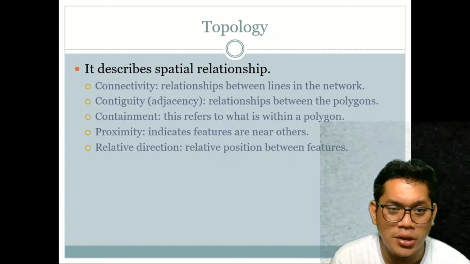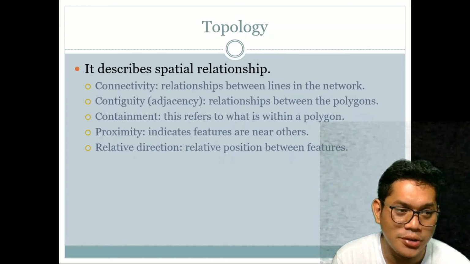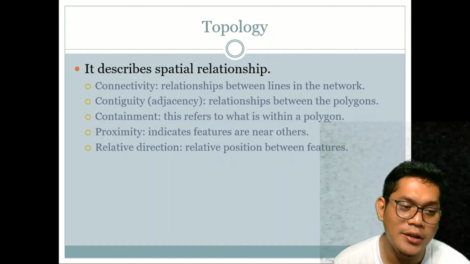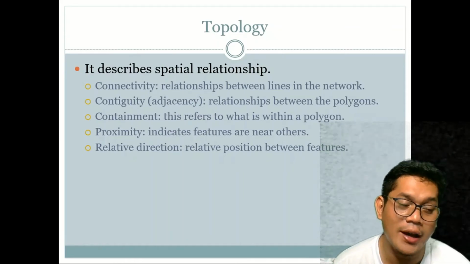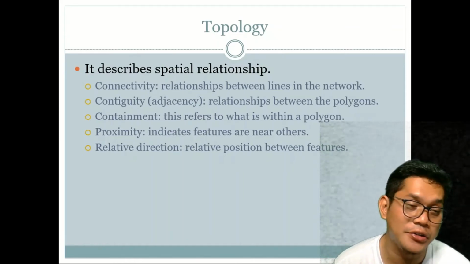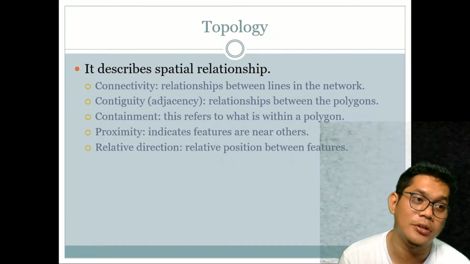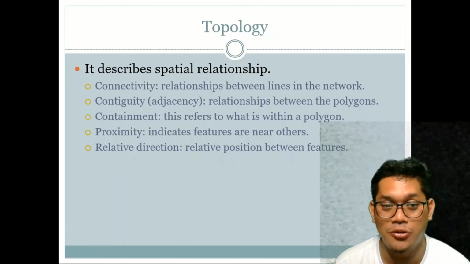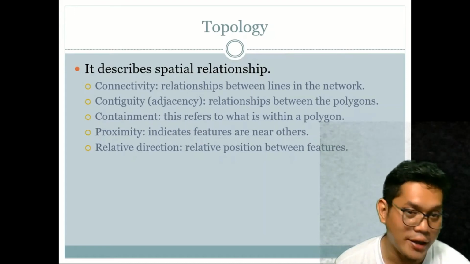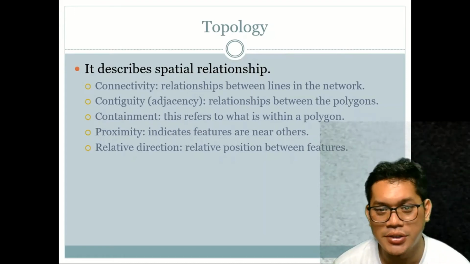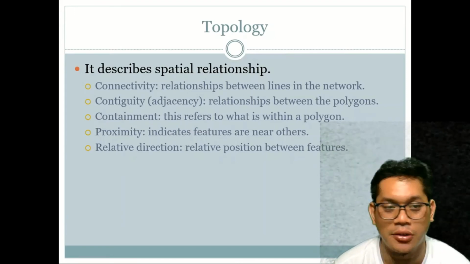For the contiguity or the adjacency of the polygons, either those polygons are really next to each other, or there are some gray areas or no man's land in between, or the containment. So this refers to what is within a polygon.